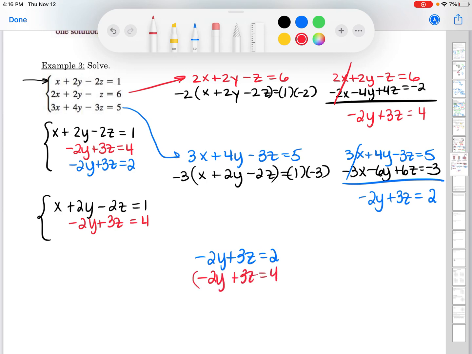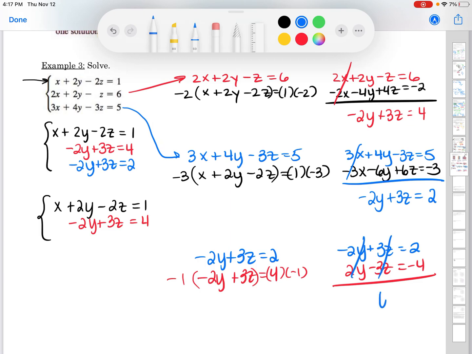So what I have to do is multiply by negative 1, so they're different signs. So we have negative 2y plus 3z is equal to 2, and 2y minus 3z is equal to negative 4. And when I go to do this, the y's cancel and the z's cancel. I get a 0 on the left.